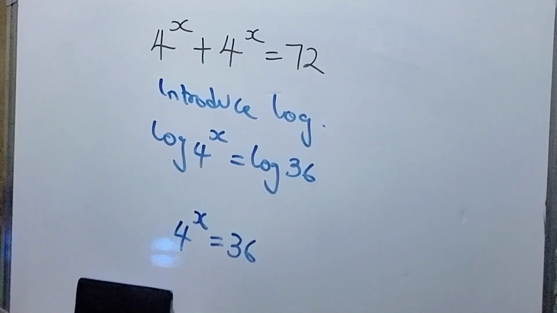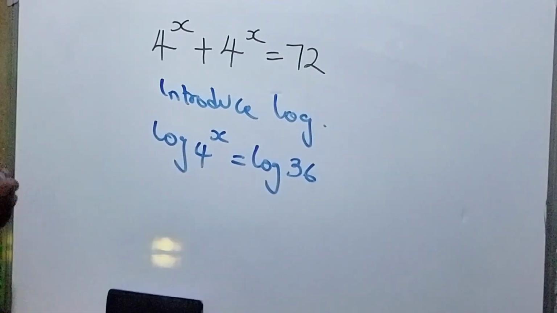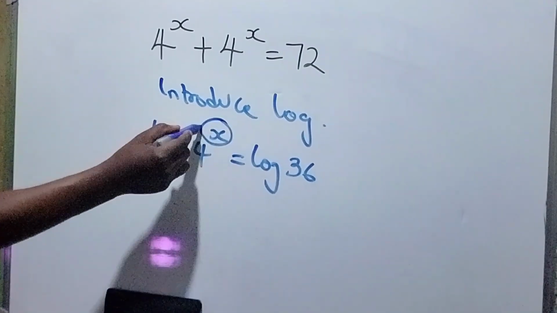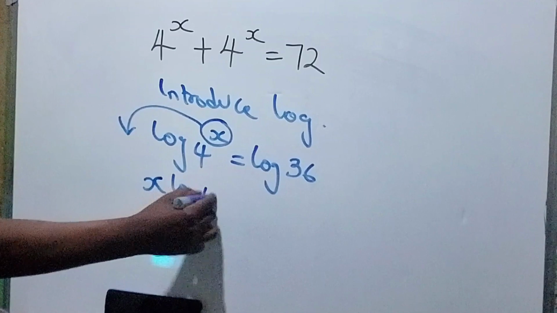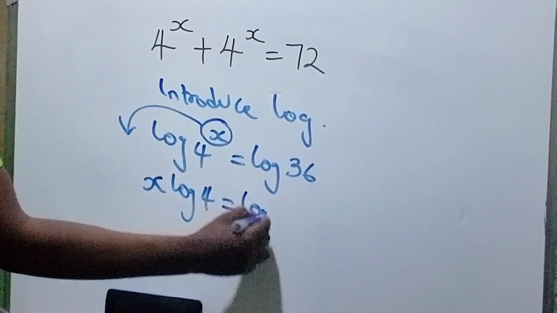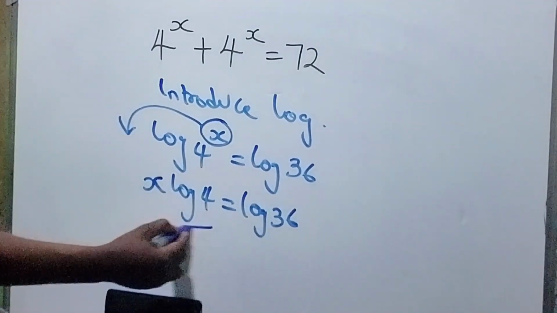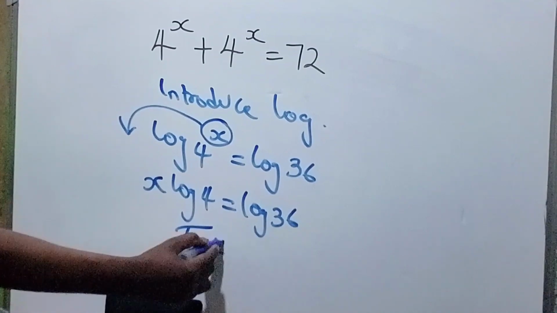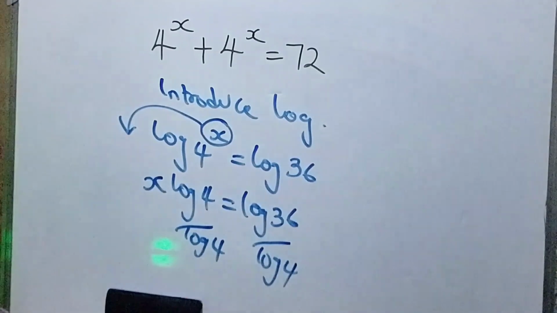Okay. Now I introduce the log there. I need to take this x to the left hand side. Now it will be x log 4 equals log 36. Then I need to divide by log 4, divided by log 4.